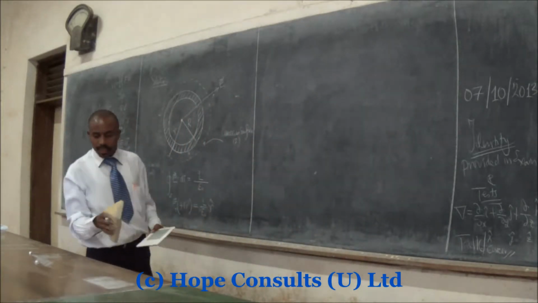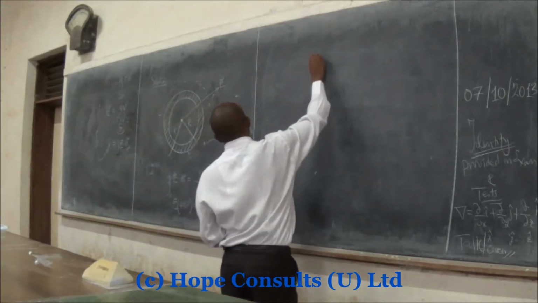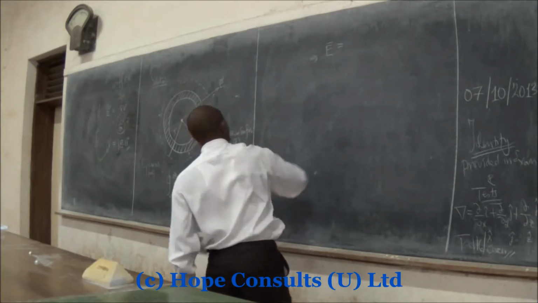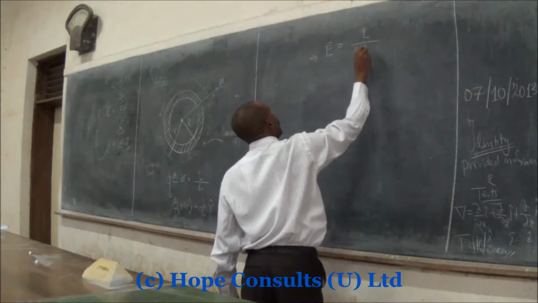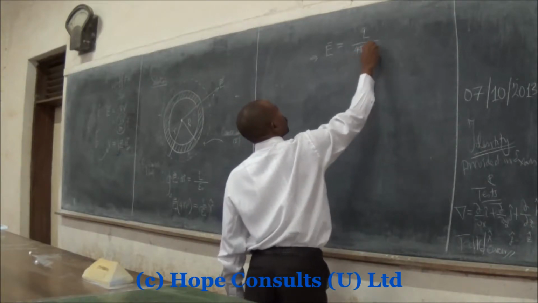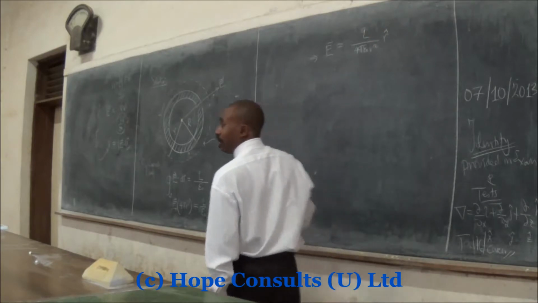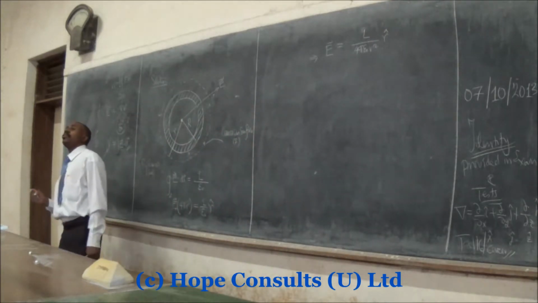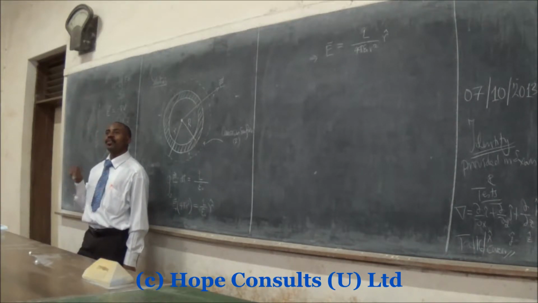Now I put in our things, and this implies that our E is equal to Q over 4 pi epsilon naught r squared, r cap, something similar to the electric field intensity due to a point charge of charge small q.